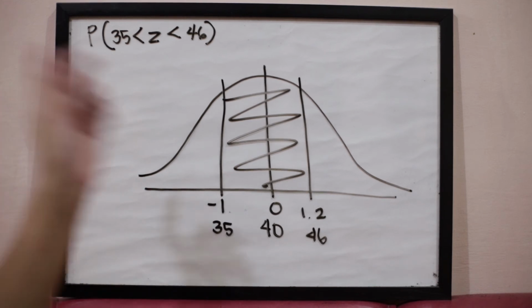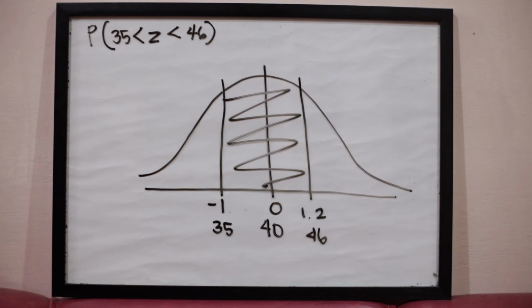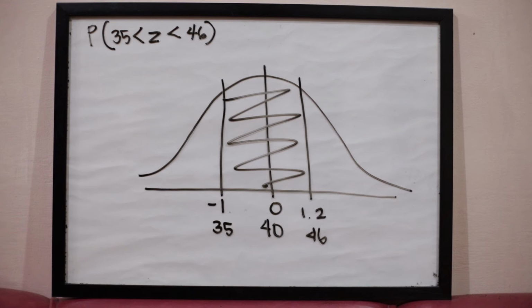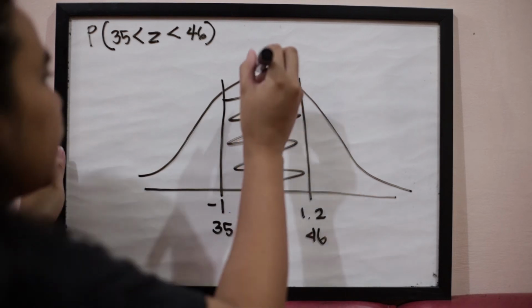Next, after getting the shaded region, we will now get the table. Then, we have to look at the reflected area from your mean up to the given z-score. So, first, we look at the area from 0 to 1.2.